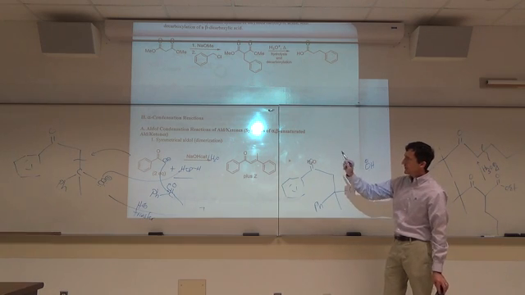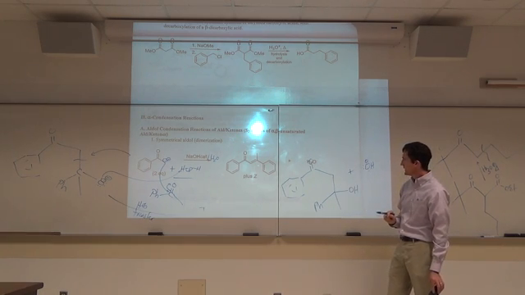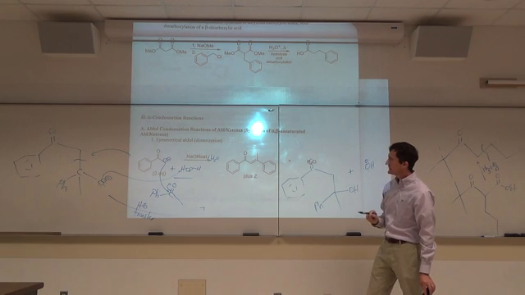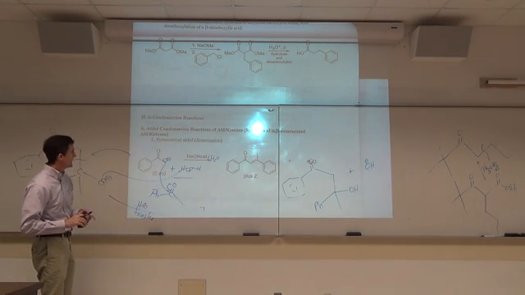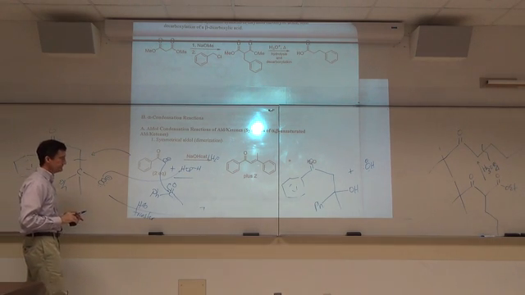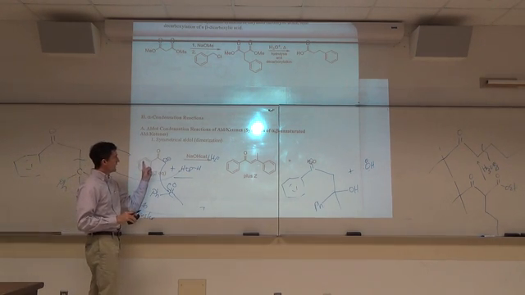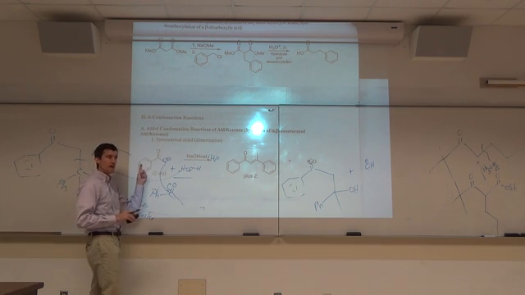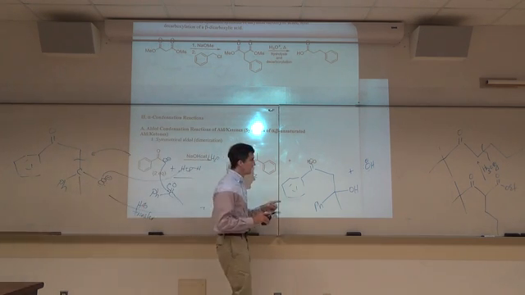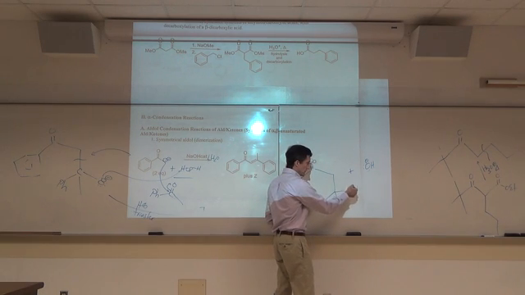Now, where does the name aldol come from? It sort of comes from right here, except we didn't start with an aldehyde. Pretend this is an aldehyde. If this was an aldehyde, we now have made an alcohol.